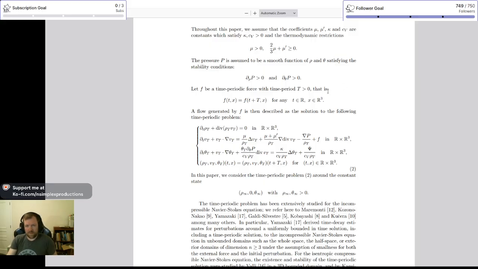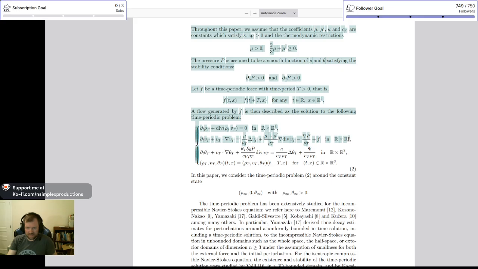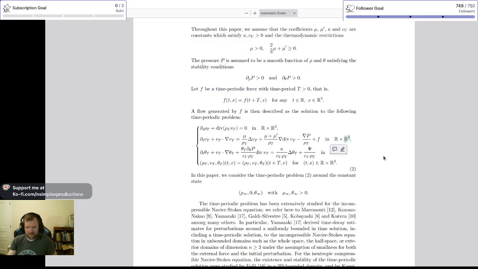Let F be a time periodic force with time period T greater than 0. Okay, that wasn't 3 space. This is our R3 here, with V, rho, theta with respect to time being our first R here. Flow generated by F is described by the solution to the following time periodic problem. That big thing.